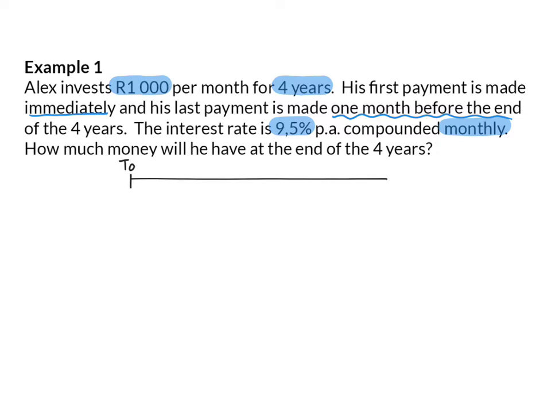Because Alex invests money for 4 years worth of months, the last period will be after 4 years worth of months, which is 48 months. His first payment is made immediately, so at T0, and his last payment is made 1 month before the end of the 4 years, so that's at T47. The future value formula can then determine the value of this account straight after the last payment at 47 months.